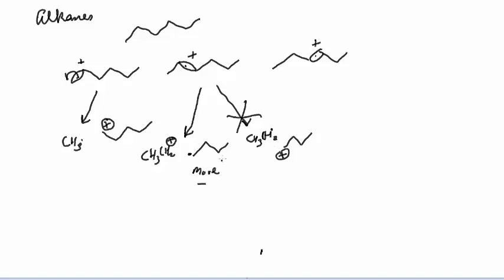The longer the radical chain, the more stable it is because it can better delocalize that one odd electron.